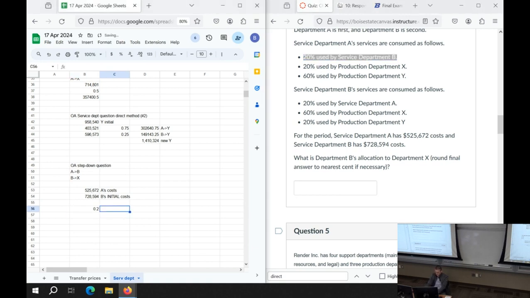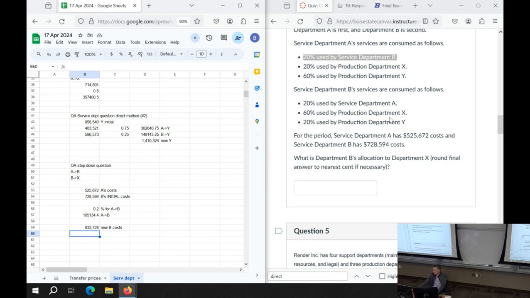This is percent for B, percent A to B. So 20% of this 525,000 ish. That is A to B. So new B. There we go. New B costs are 833,000 and change.